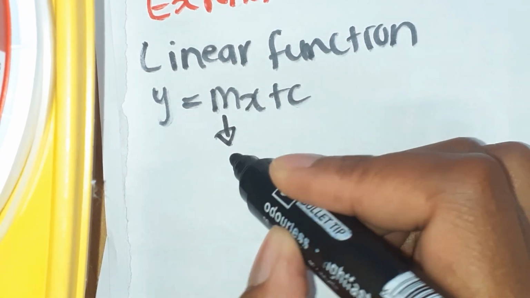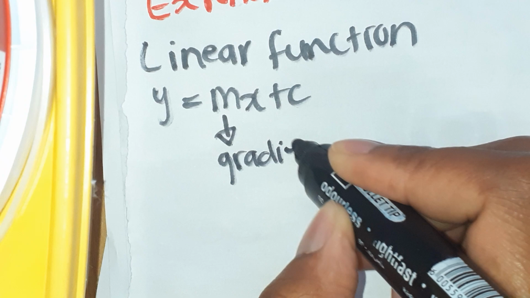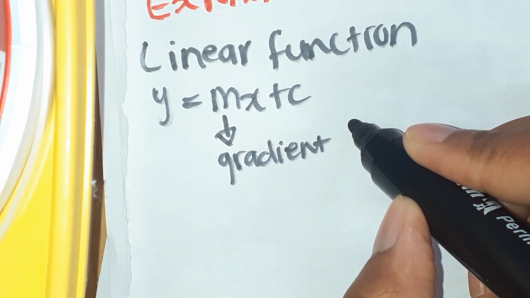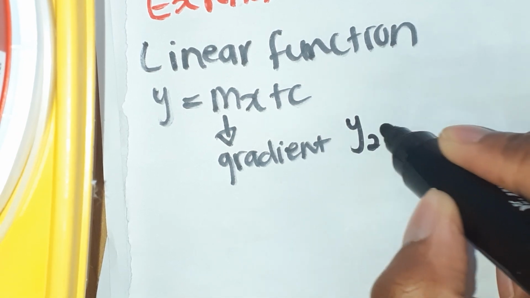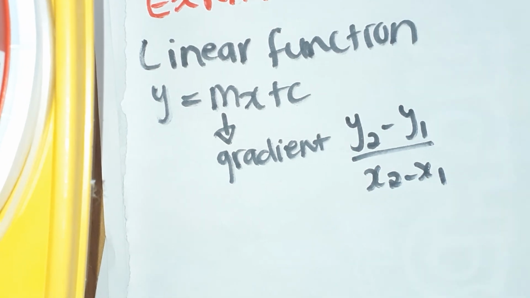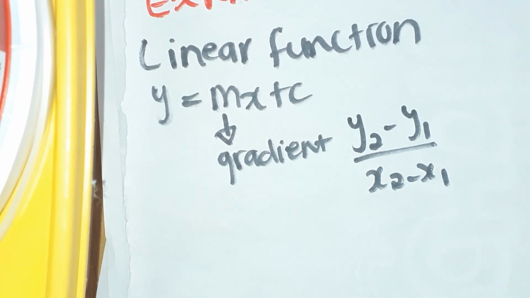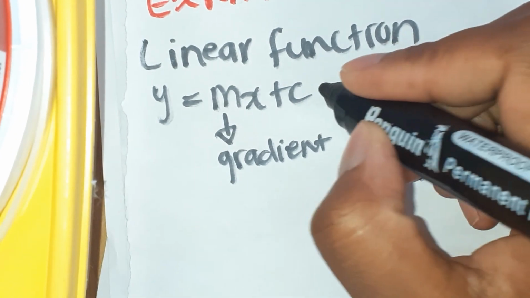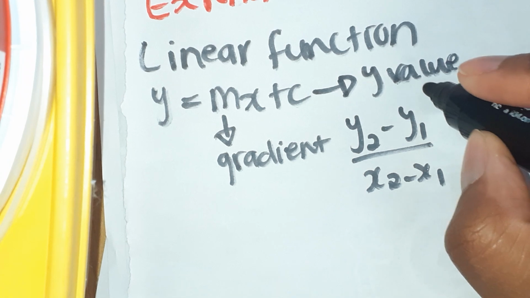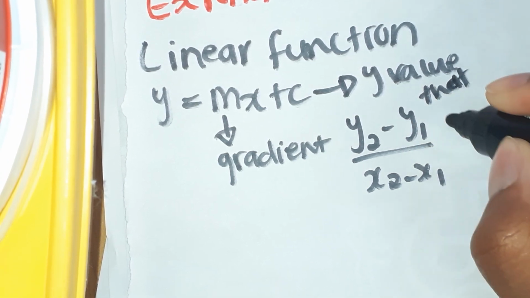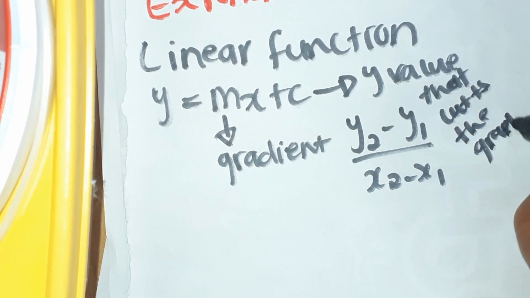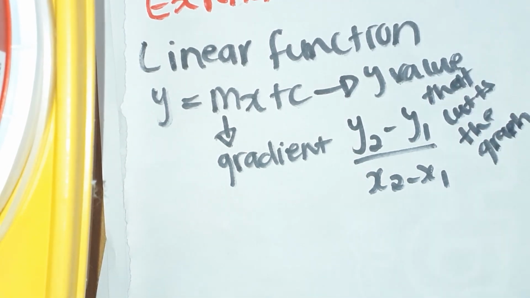So this m is the gradient, which you find by using the analytical geometry equations: y2 minus y1 over x2 minus x1. So this is how we find that. And then the c is the y value that cuts the graph. That is c.